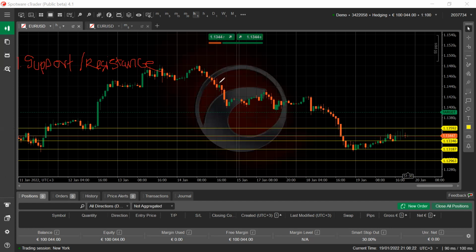Then supply demand. I'm sure the names are very descriptive, so you can almost guess what they stand for. But in particular, let's start with the more obvious ones: support and resistance.